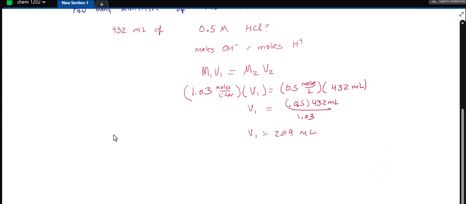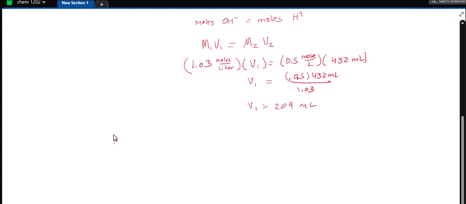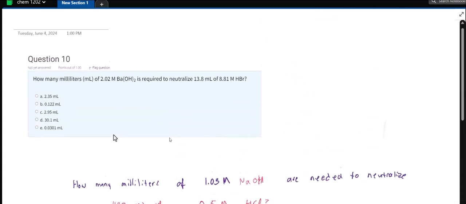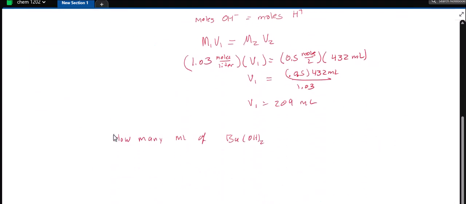Okay, but now let's say I had something that was like this. How many milliliters of, let's make it calcium hydroxide.